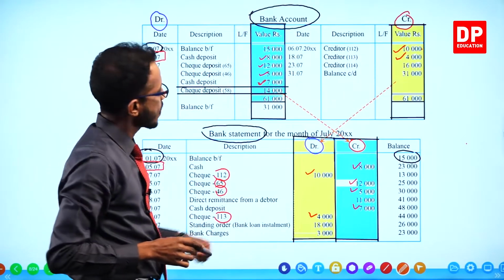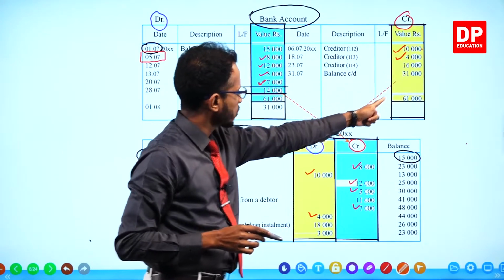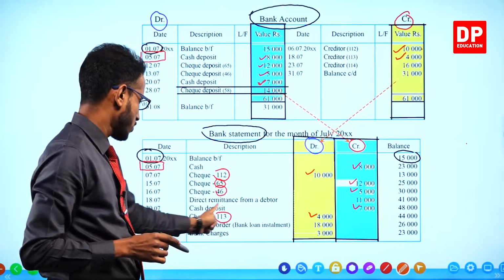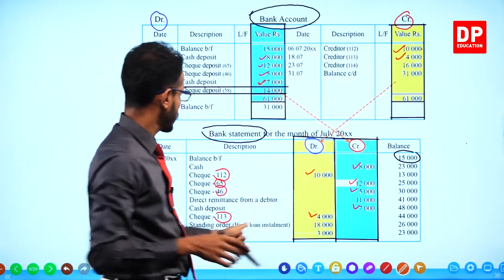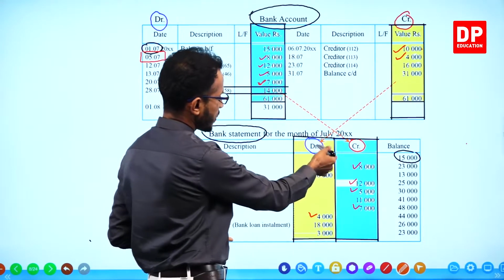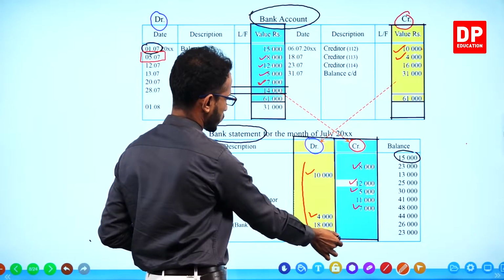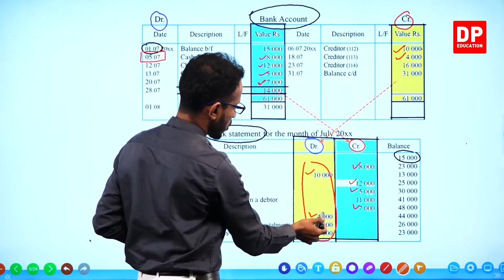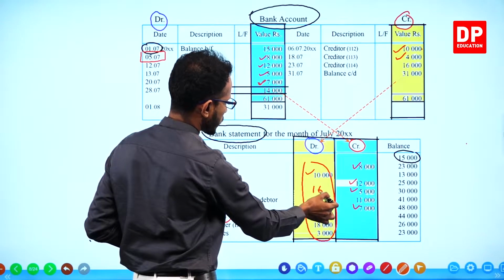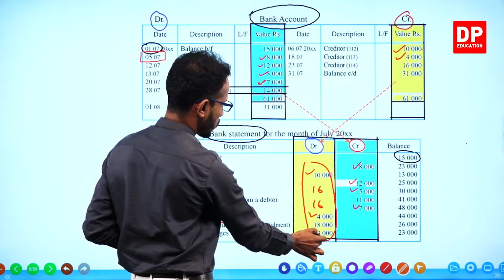Next we have creditor 114, 16,000. Check number 114, 16,000. Is it there? Nope, it's missing. 16,000 is not in this column. No 16,000 anywhere.